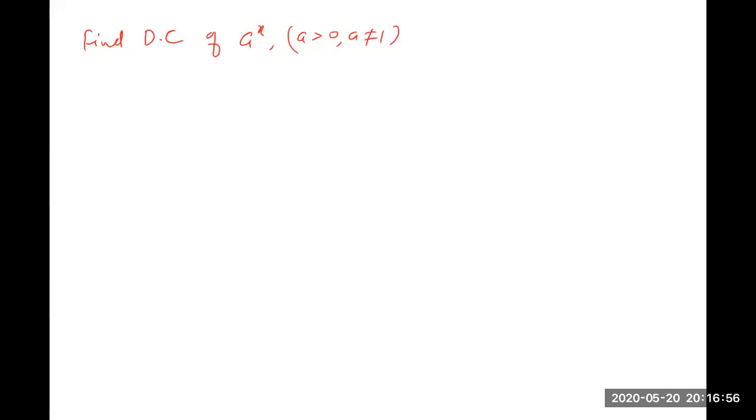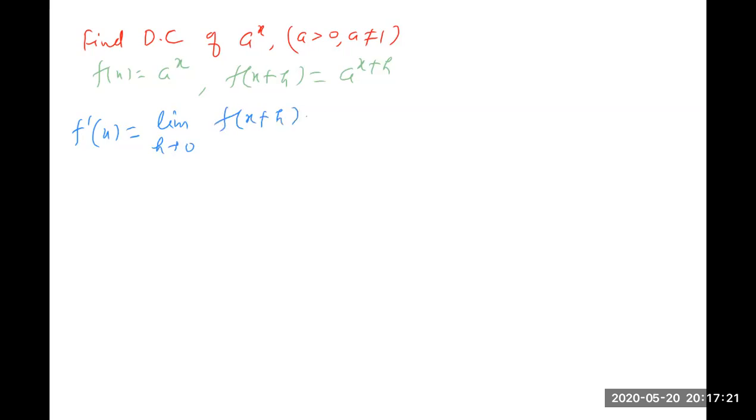So here f(x) is equal to a raised to power x. So f(x plus h) will be a raised to power x plus h. So f dash x is equal to limit h tends to 0, (f(x plus h) minus f(x)) upon h.